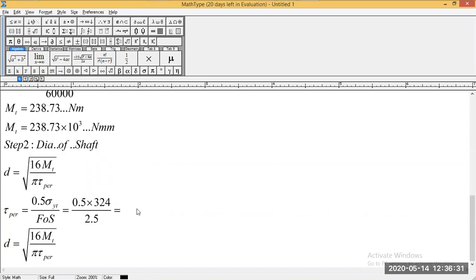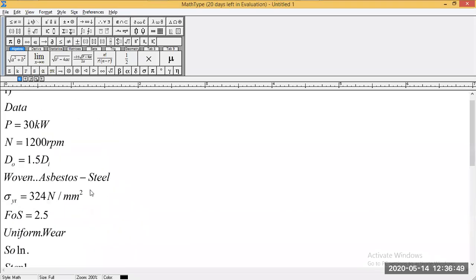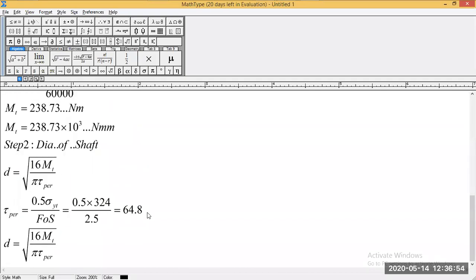And permissible shear stress is 50% of 324 divided by 2.5, which is giving us 64.8 Newton per mm square. Okay, so we have both values. We can substitute directly here.